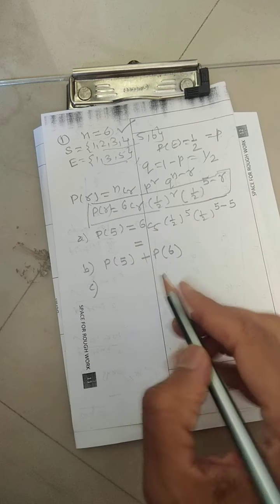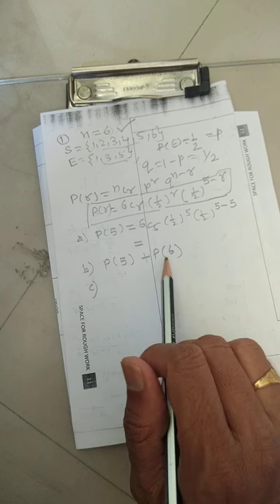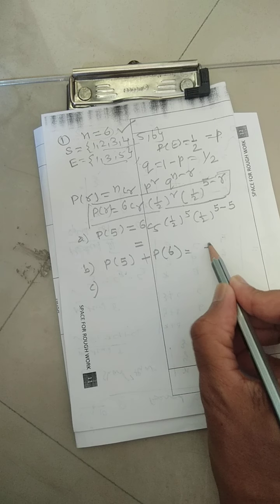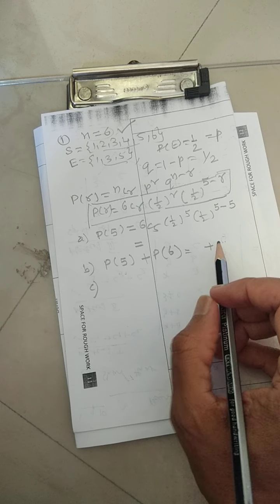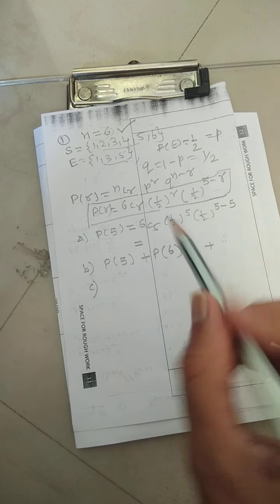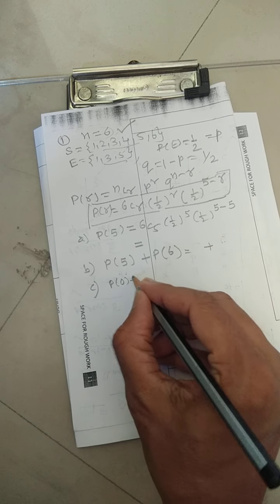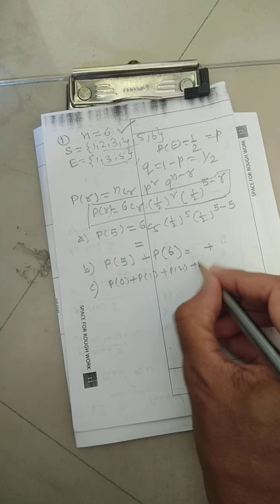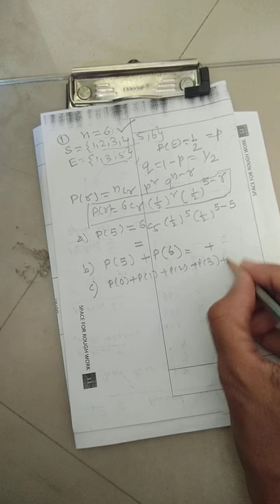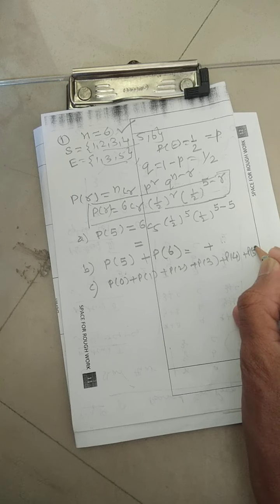Now next question, how to find out P5? In this formula we'll replace 5, in the same formula we'll replace 6 and we'll get the respective answer. Last is at most 5 successes. At most 5 means maximum 5. Means your answer will be P0 plus P1 plus P2 plus P3 plus P4 plus P5. You have to get all these values.